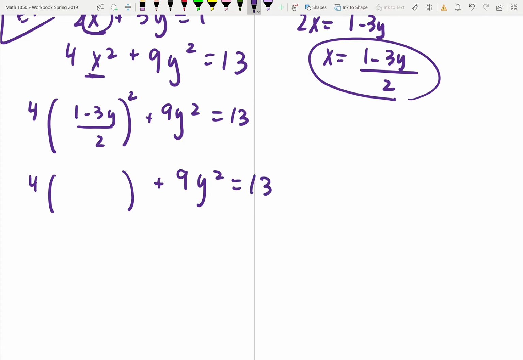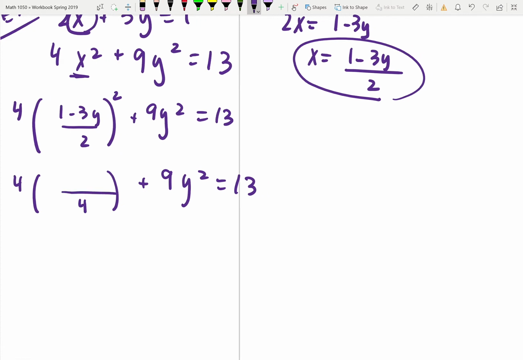If the whole thing is squared, that just means square the top and square the bottom. Well, 2 squared is 4. That's easy. 1 minus 3y squared, that's 1 minus 3y times 1 minus 3y, so I have to FOIL it. When I do that, I get 1 minus 6y plus 9y squared.